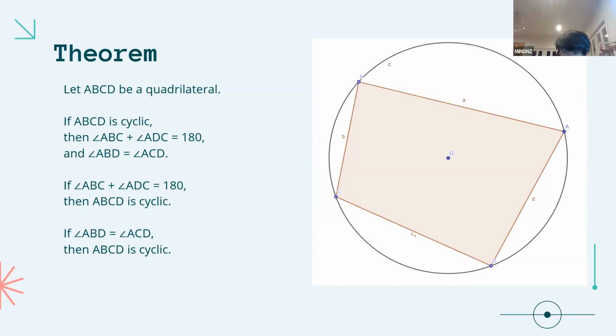The first two you guys have already done. The first one I just did, and the second part is just the inscribed angle theorem. So try to prove the second two.